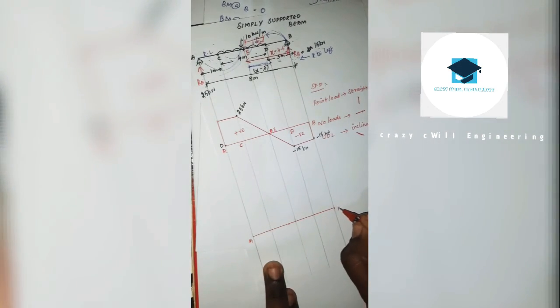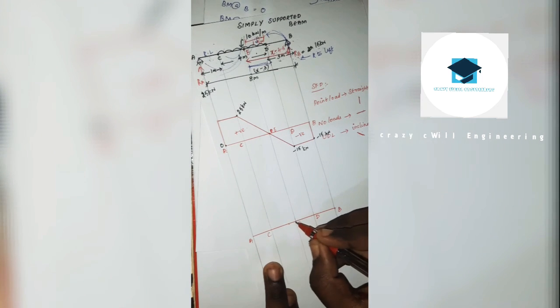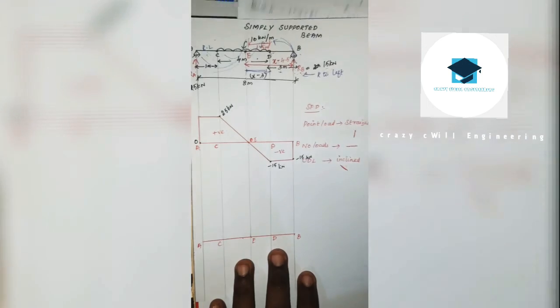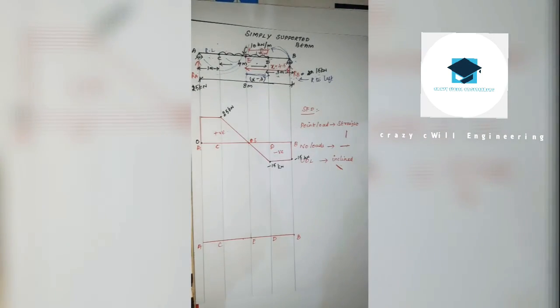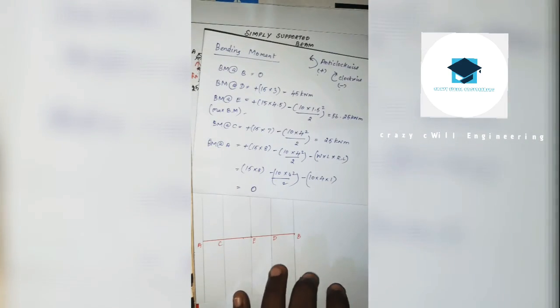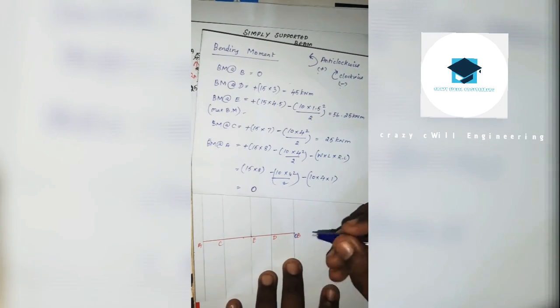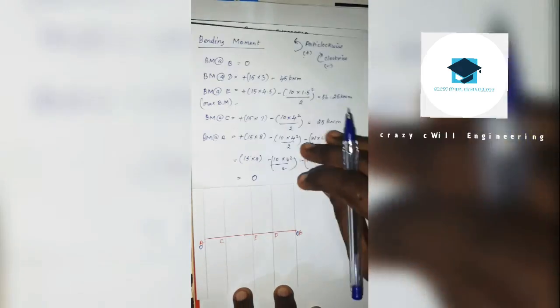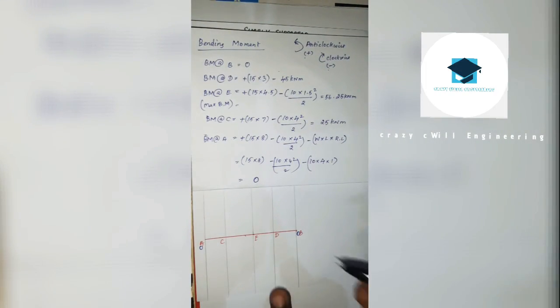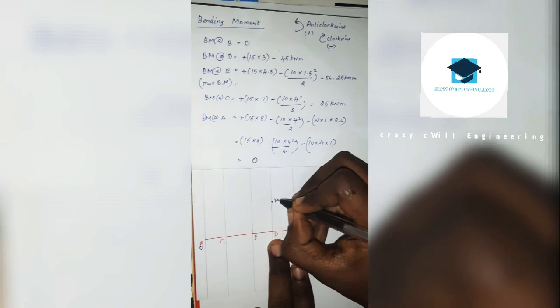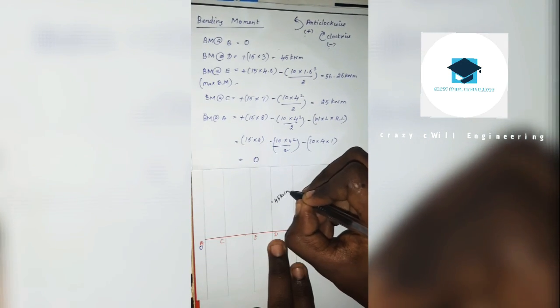A, B, C and D. Here E is the maximum bending moment value. What is the bending moment value? Here A is 0, B is also 0. Bending moment at D is 45 kilonewton meter, positive, so here 45 kilonewton meter.